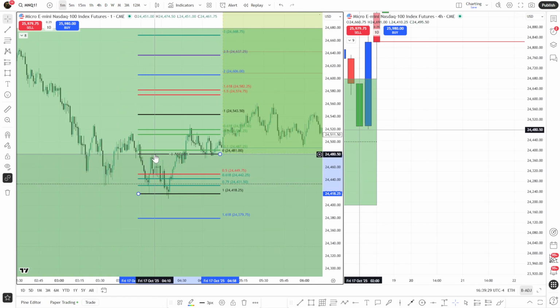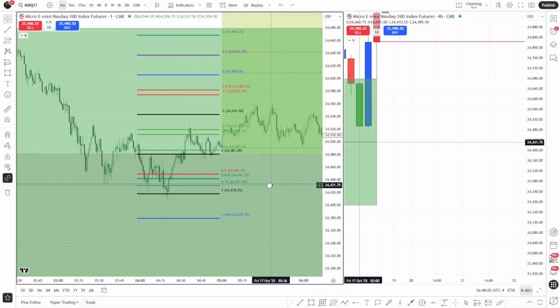A low will be put in, you fib the low to the first high, and we get a retracement to the discounted area. This one actually runs the low, like I said. Okay. So this will happen sometimes, but we're looking at candle bodies closing. So if you get wicked out and then this immediately comes back up and it doesn't close lower, you can hop back in right into this area of discount. Okay.